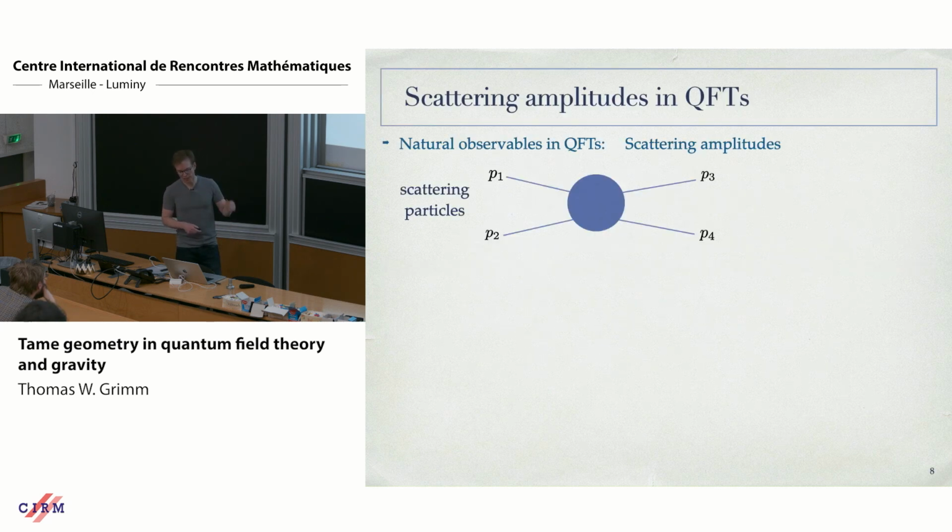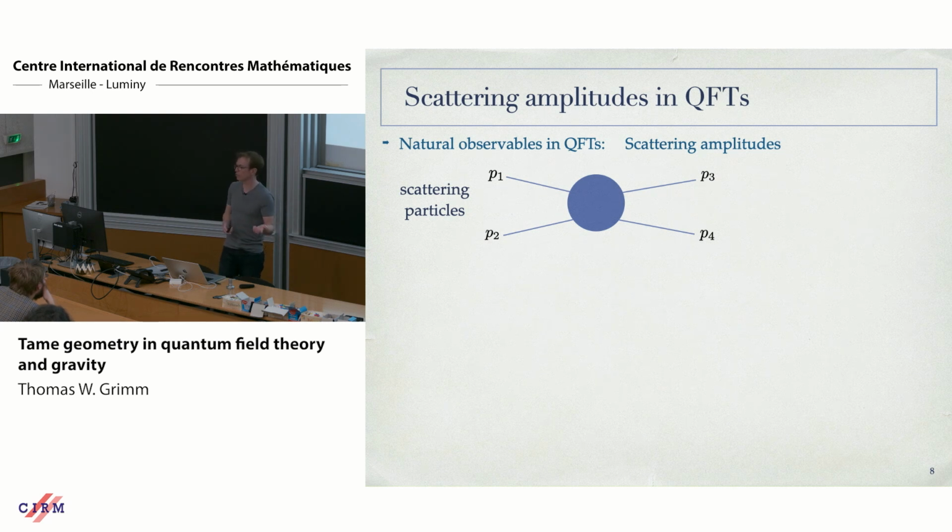And roughly speaking, what are the natural observables in such a quantum field theory? You can imagine that you are smashing particles together with momenta p1, p2, and on the other side, there are other particles coming out with momenta p3, p4, and you're asking yourself how likely it is that such a process occurs.